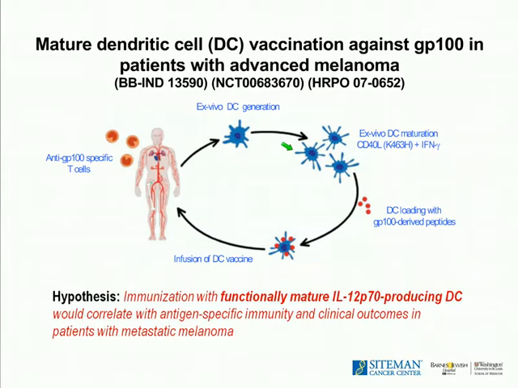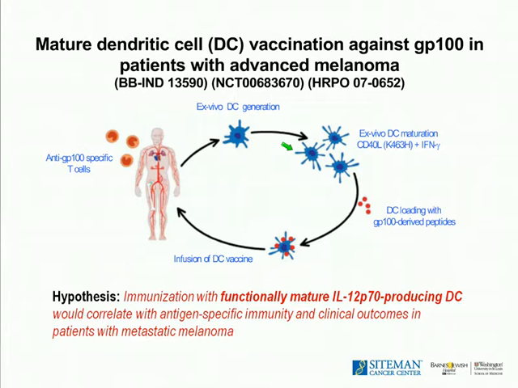Part of the supporting data to move forward with these cells was preclinical data, primarily from Matthew Measure, showing that there is a cytokine that dendritic cells make called IL-12, which is critical for the generation and expansion of T cells, particularly of T cells of the CD8 type.